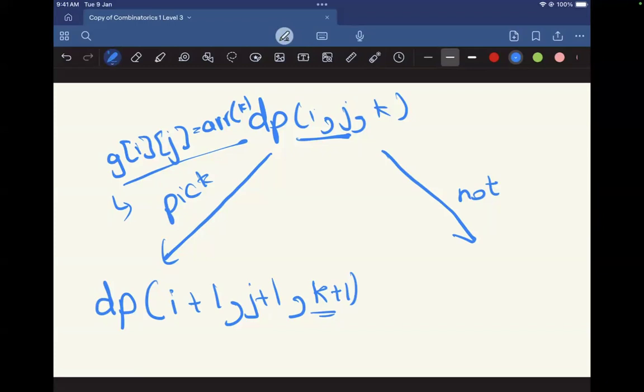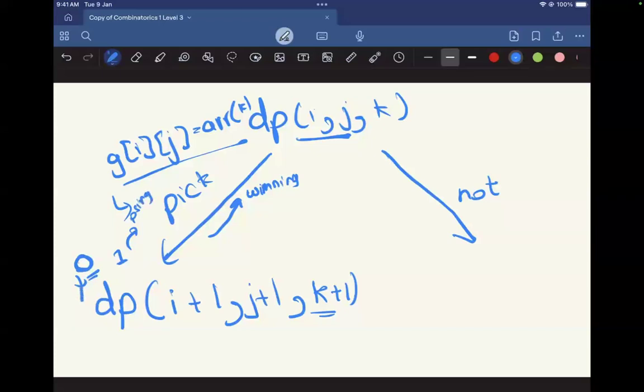Yes. Basically, my opponent will have to choose from this. And only if this is false or zero, I can say that this is a winning state. Only if this is false, I will say that this choice is winning. Otherwise, if this is one, I will say that this choice is a losing state.